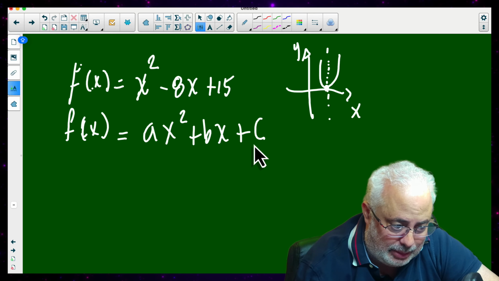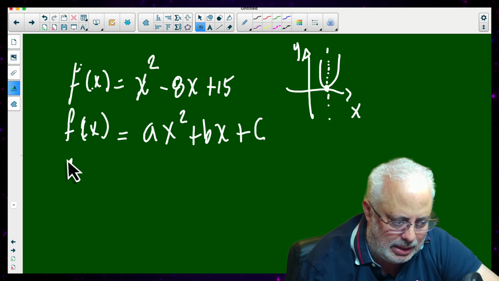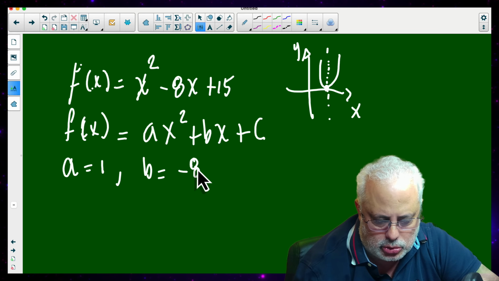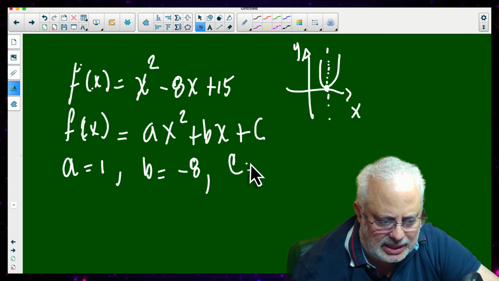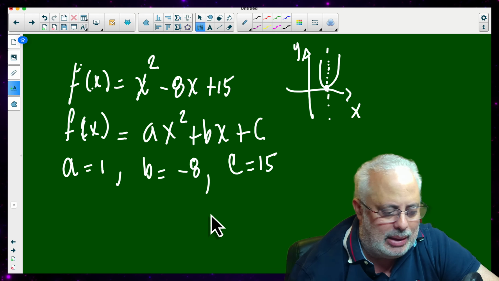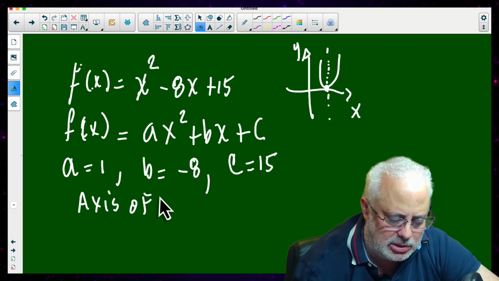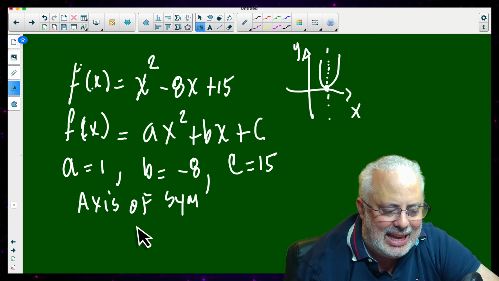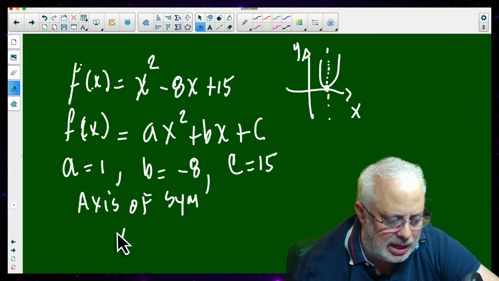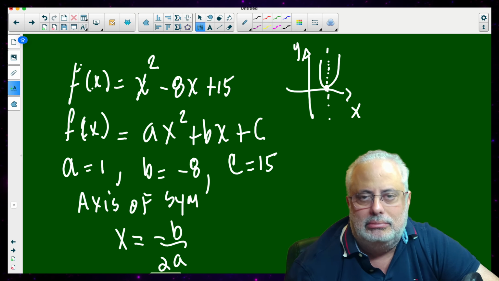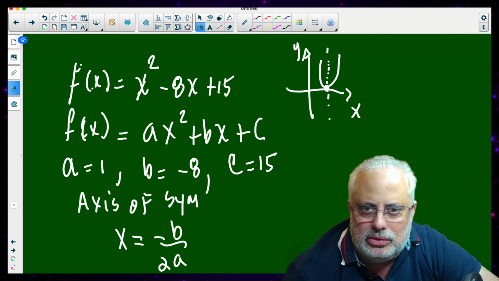Because for my parabola here, a is 1, b is -8, just to review, and c is 15. Because the axis of symmetry here is a formula: x equals minus b over 2a.